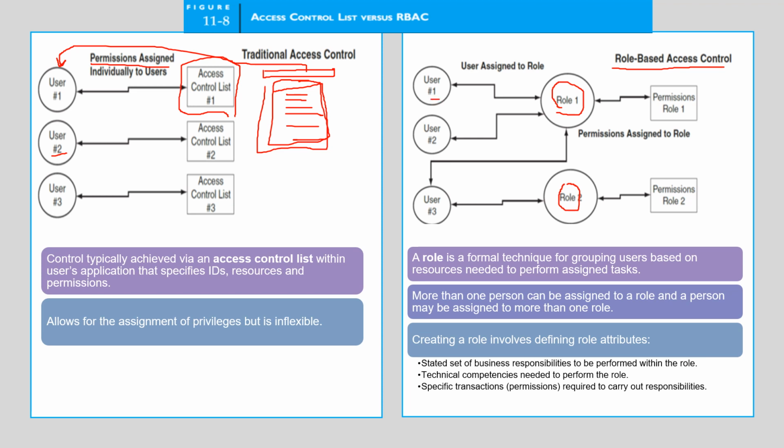So user 1 and user 2 can do it, but user 3 cannot. Or user 3 is the only one who can access and do role 3. Okay, those are the main things.